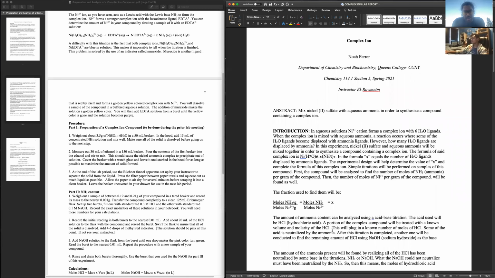We want it to be all ammonia, but since we haven't thoroughly dried it, some water is still there, so less of that complex with ammonia is going to be made. Okay. So you can go back to the discussion.